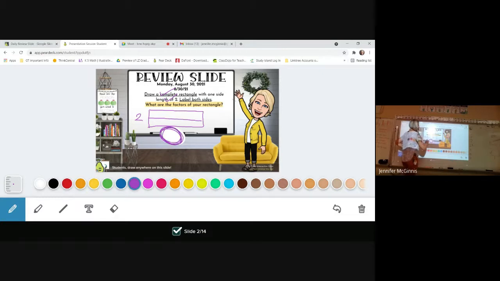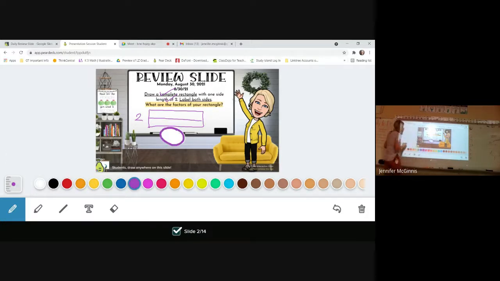We need to label our other side. So here is what I want you to consider. When you are labeling this other side, think about what is reasonable. What is going to be reasonable?